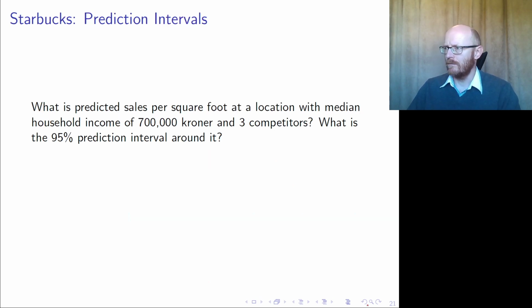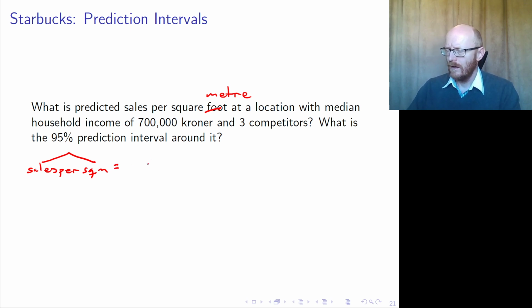Okay, so for our example, what is the predicted sales per square foot at a location with median household income of 700,000 kroner and 3 competitors? What is the 95% prediction interval around it? So what is the predicted sales per square meter?